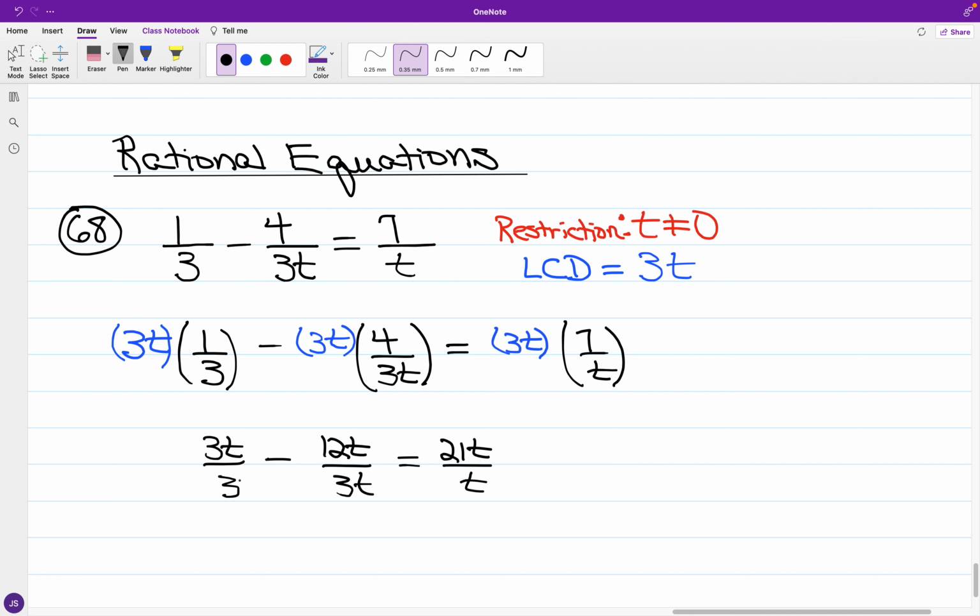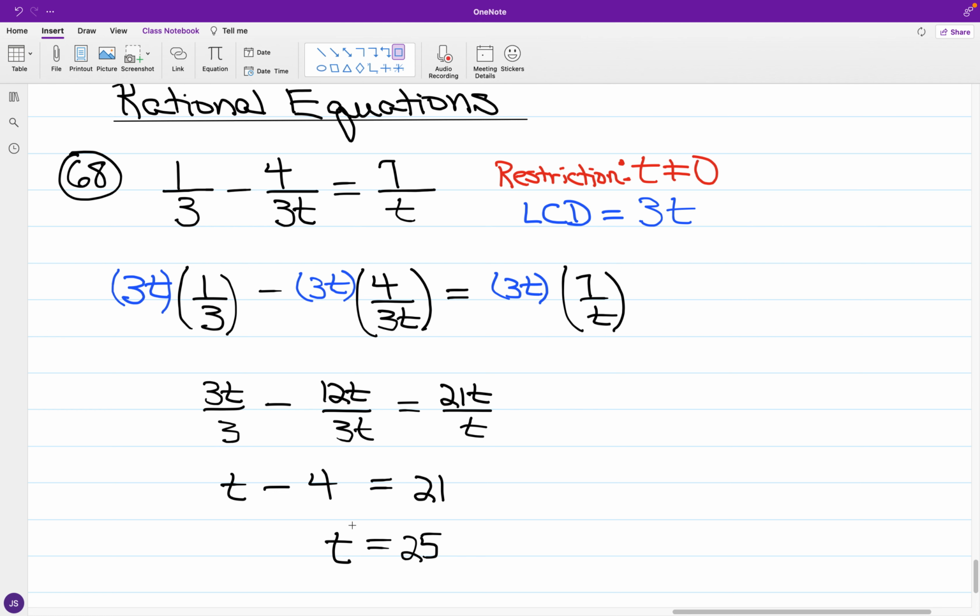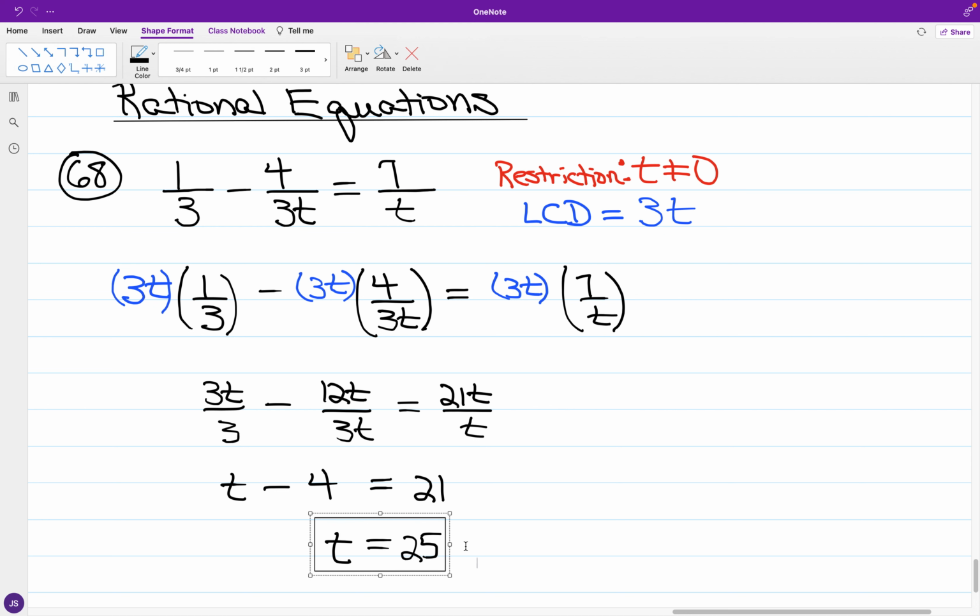So 3t over 3 is t, minus 12t divided by 3t is 4, and 21t over t is 21. For t minus 4 equal to 21, we have that t is equal to 25. With the restriction that t cannot be 0, and 25 being a non-zero value, t is equal to 25. We'll check out.